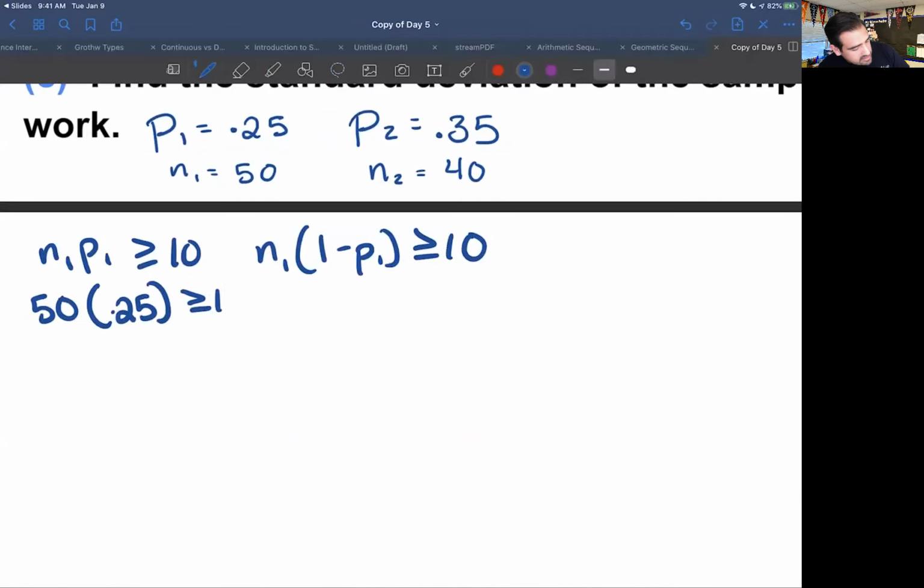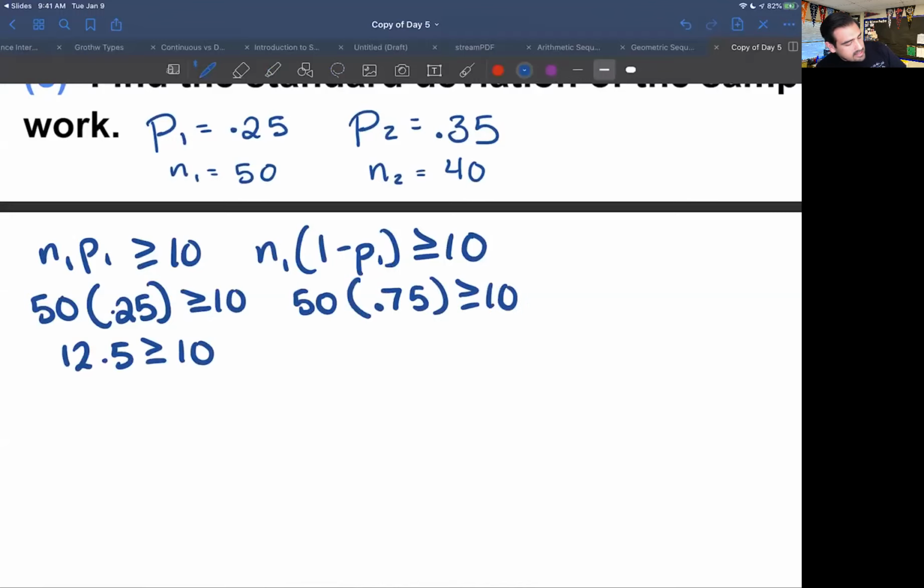Is that greater than or equal to 10? Yes, it is. That's 12 and a half. Half of 50 is 25, half of that is 12 and a half. And then if I have sample size 50 times 75%, is that greater than or equal to 10? That is also true. I have 37.5. So large counts has been met for the first population.